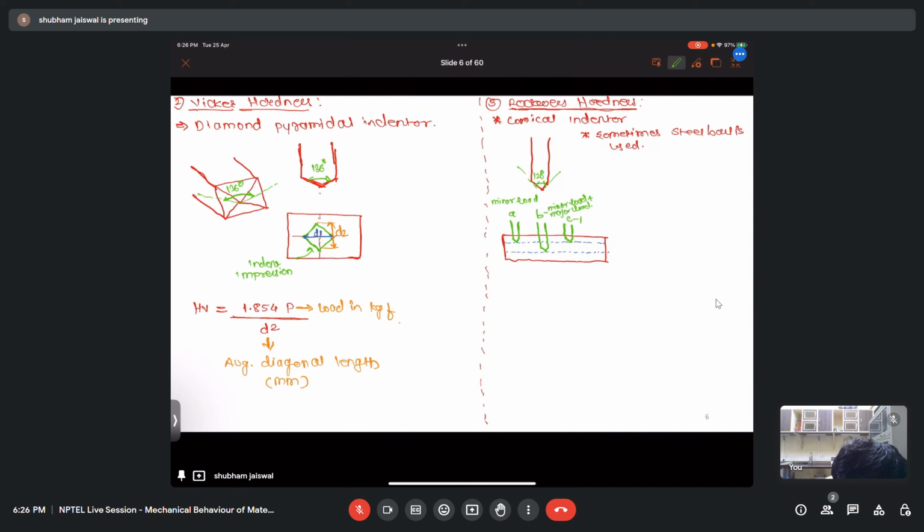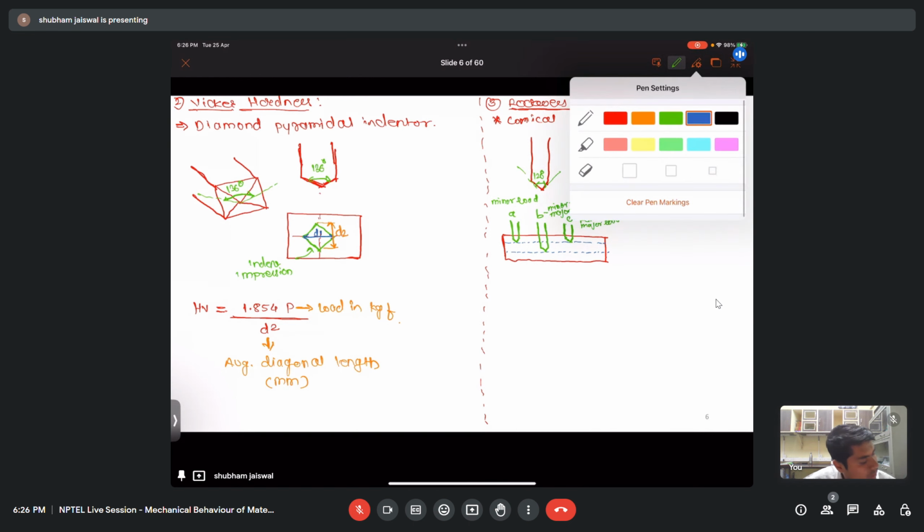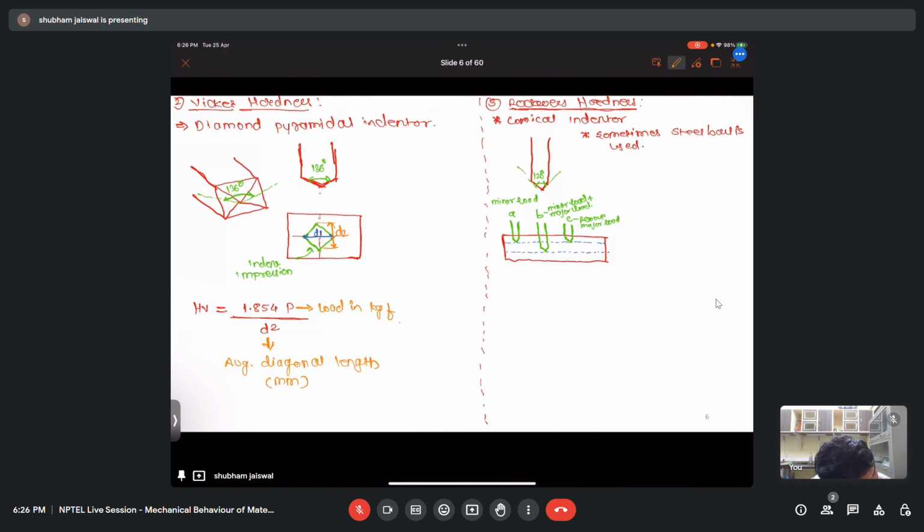C, remove major load. Okay, so then this height difference, that is E, the indentation depth, will give me my hardness value. And how do we get that?